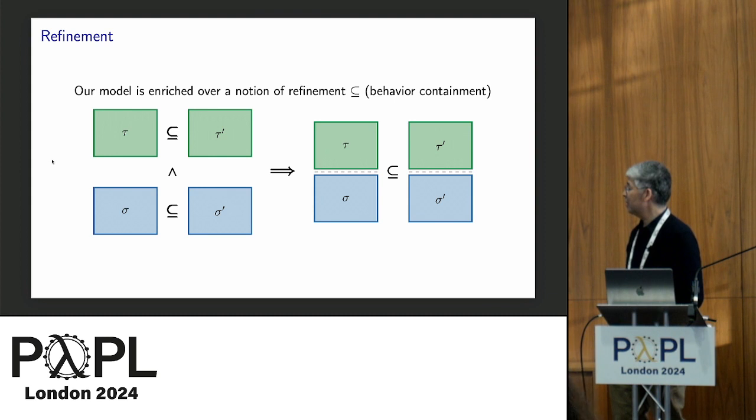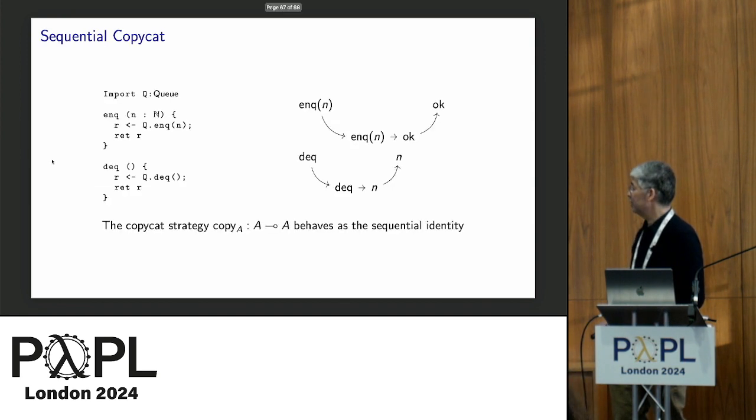You can prove refinement monotonicity properties. You could actually show that if strategy sigma is a subset of strategy sigma prime, you do vertical composition, and it's still refinement, so behavior containment.